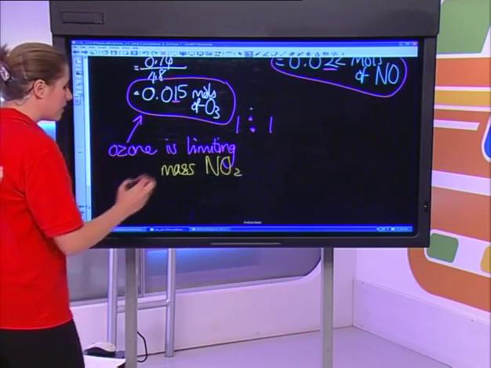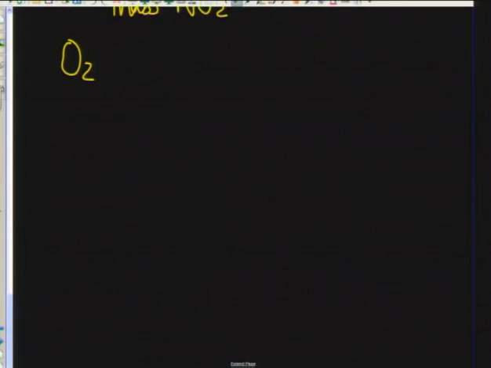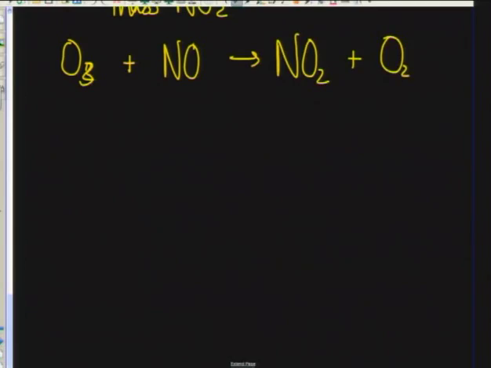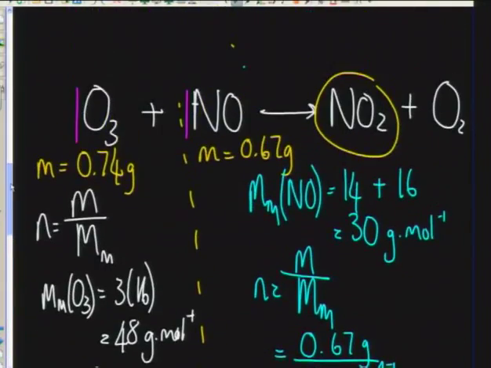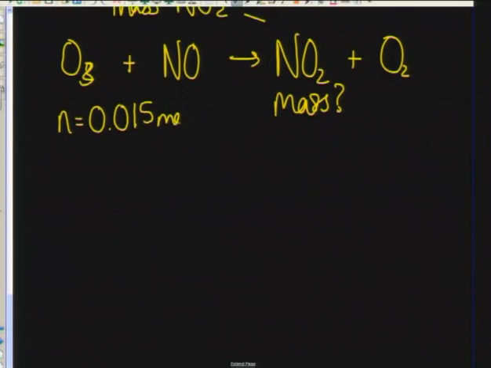So when you compare these, once again you've got your equation, O3 plus NO forming NO2 plus O2. Okay, check it, yes. We now need to work with the mass of this, okay? But in order to do that, we have to work with a number of moles. So number of moles here was 0.015 moles.